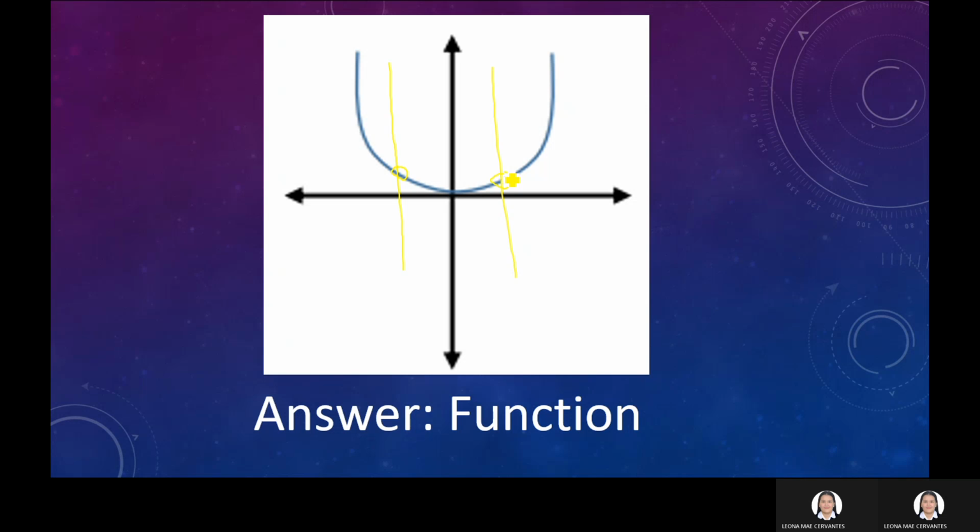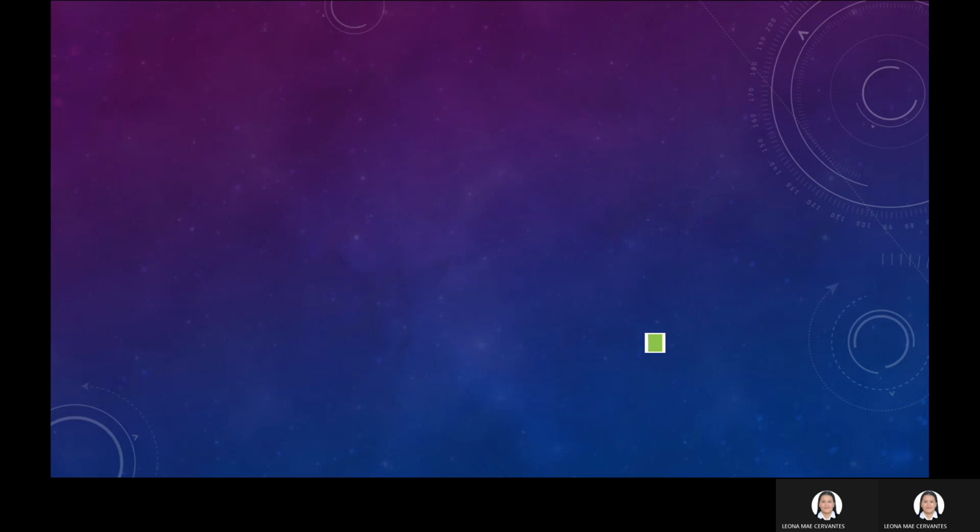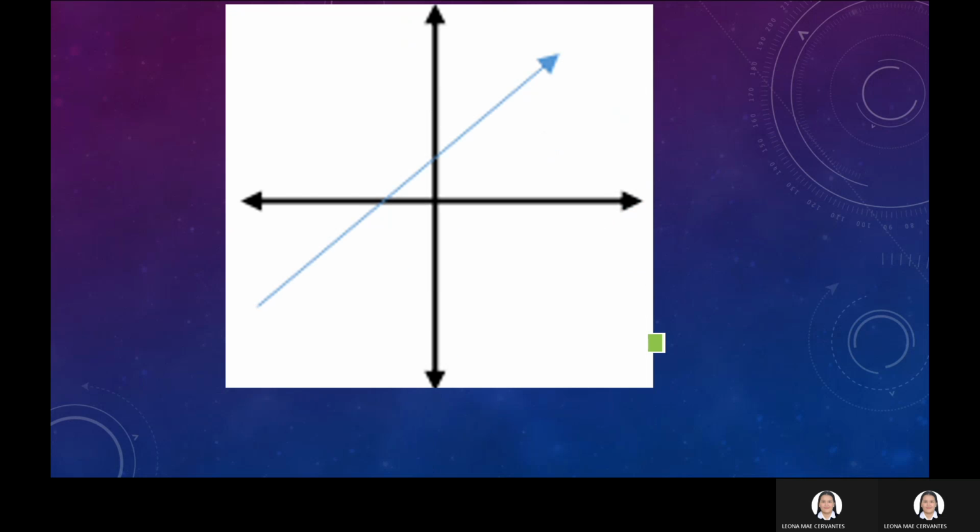Next, okay, so let's draw a vertical line.